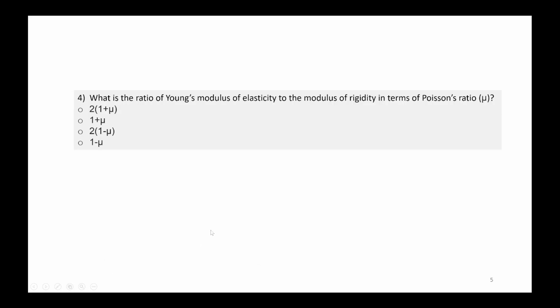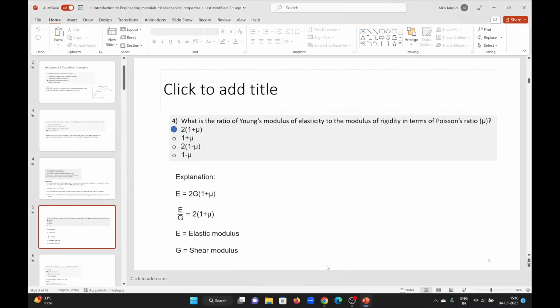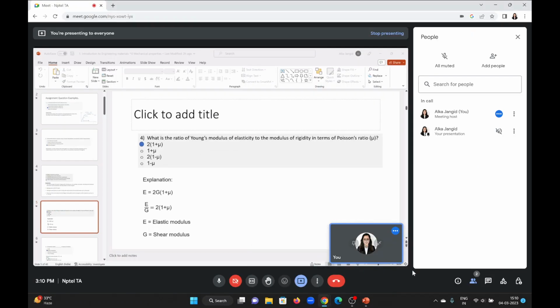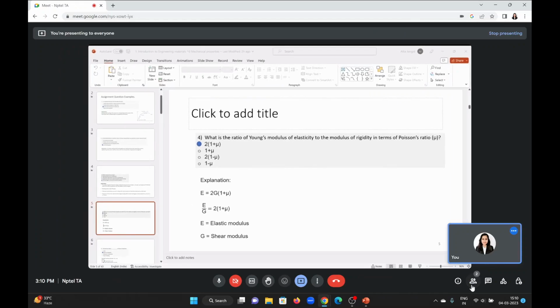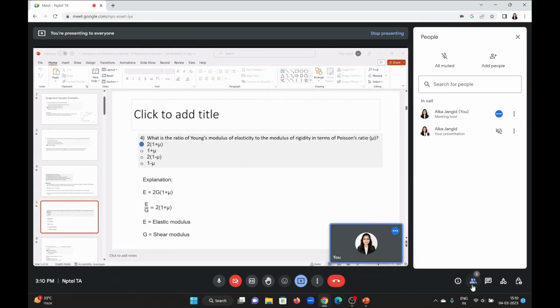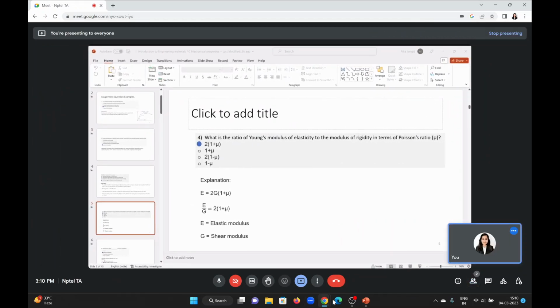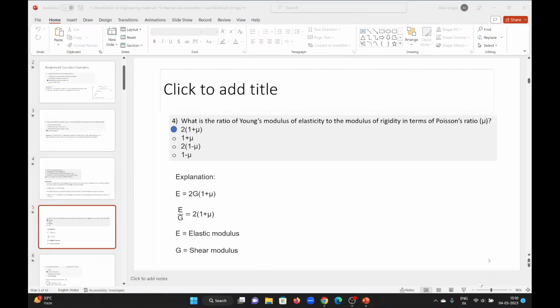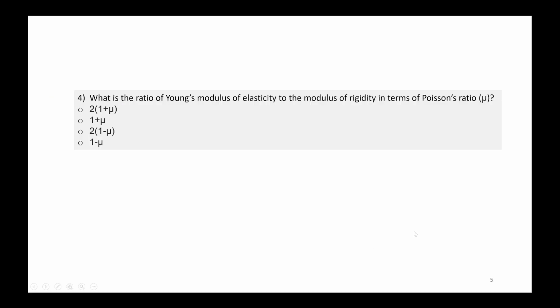Now the fourth question: what is the ratio of Young's modulus of elasticity to the modulus of rigidity in terms of Poisson's ratio?